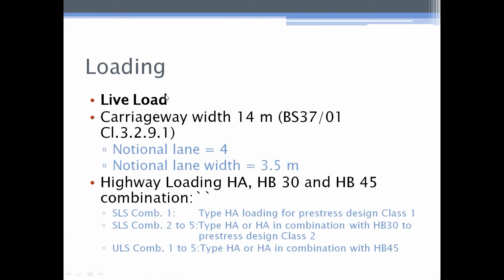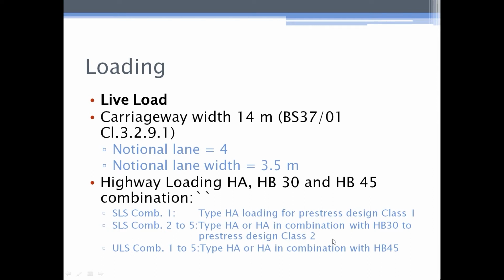The live load will be according to BS 5400 based on carriageway width 14 meter. Notional lane is 4 numbers, and the notional lane width will be 3.5 meter. Highway loading HA, HB30 and HB45 combination are required.